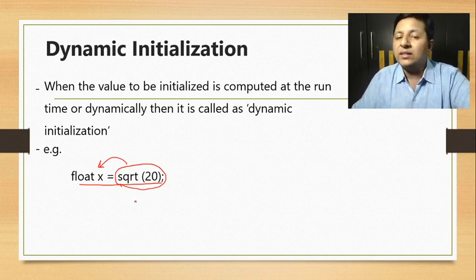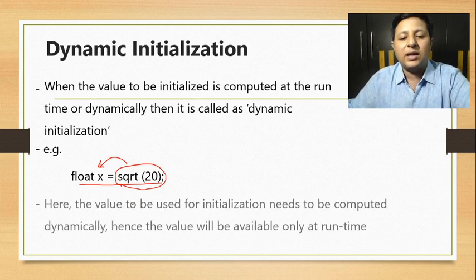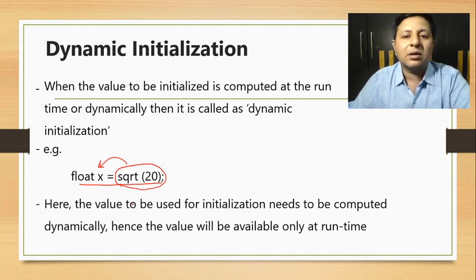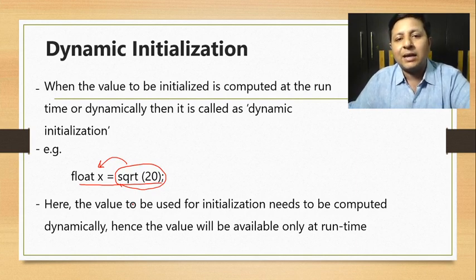So when the value to be initialized is made available at runtime, such type of initialization is called dynamic initialization of the variable. Generally you do get a question like, what is the dynamic initialization of a variable? It is when the value which is to be initialized is not available at compile time. It requires to be computed at runtime or dynamically.